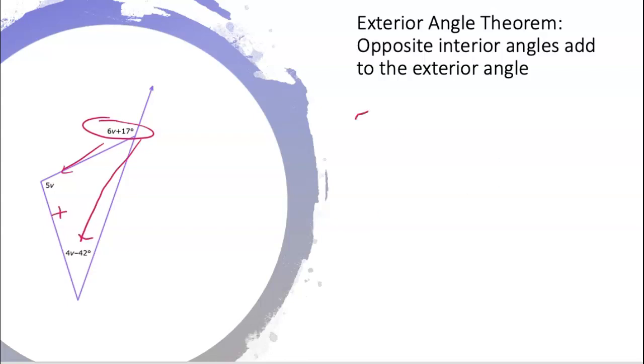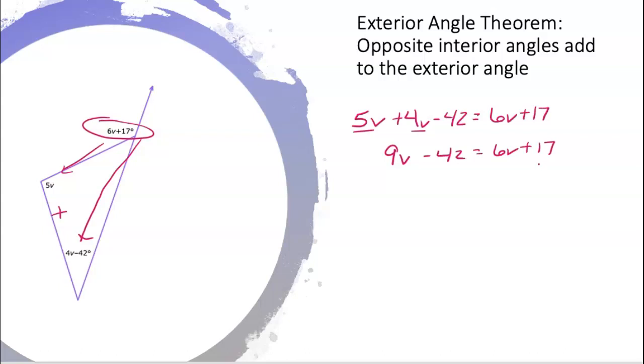So 5v plus 4v minus 42, okay, equals 6v plus 17. Again, simplify each side first. On the left, I have a 5v and a 4v. I need to put those together. I'm just combining a 5 and a 4. That makes 9v minus 42 equals 6v plus 17.